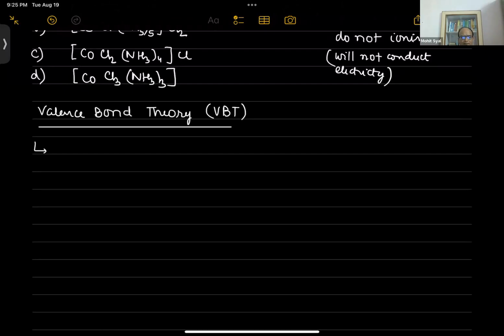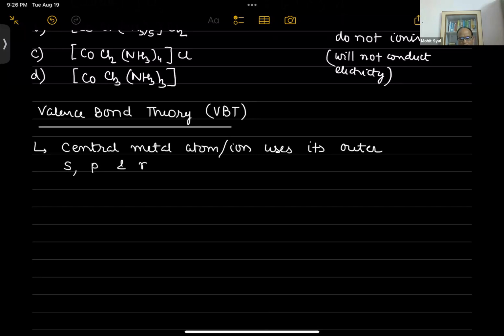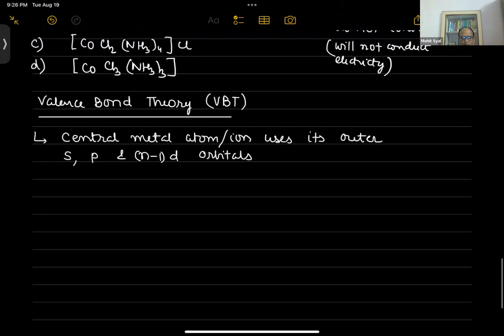Basically, as per this theory, the central metal atom or ion uses its outer S, P, and D orbitals.